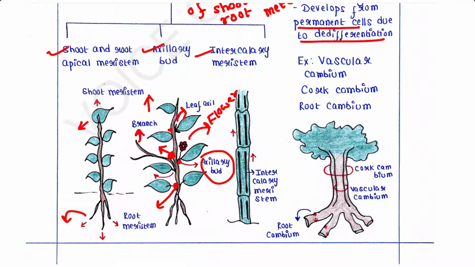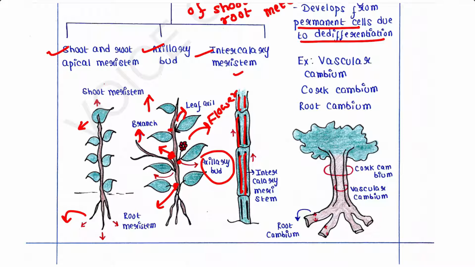Now, the meristem, which occurs in the length of the middle position like these, you can see here, they are known as intercalary meristem. They occur in grasses.